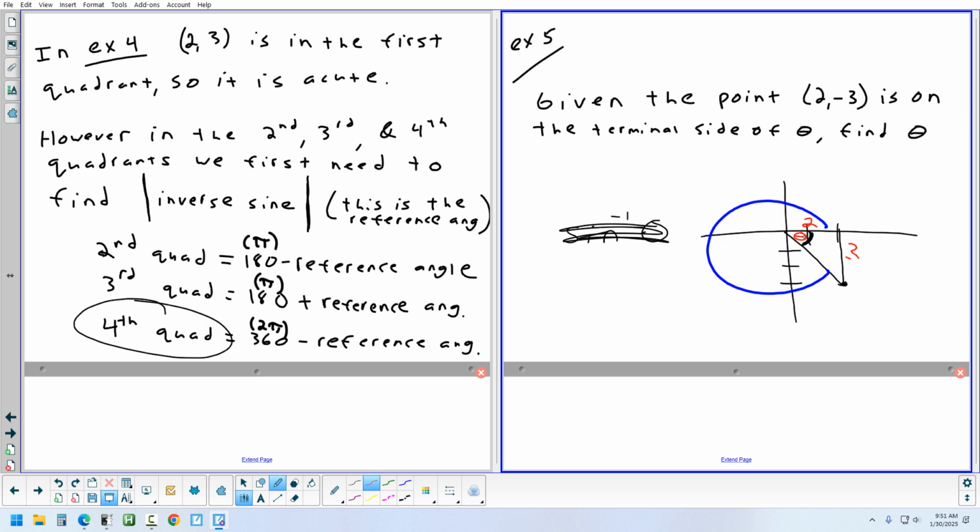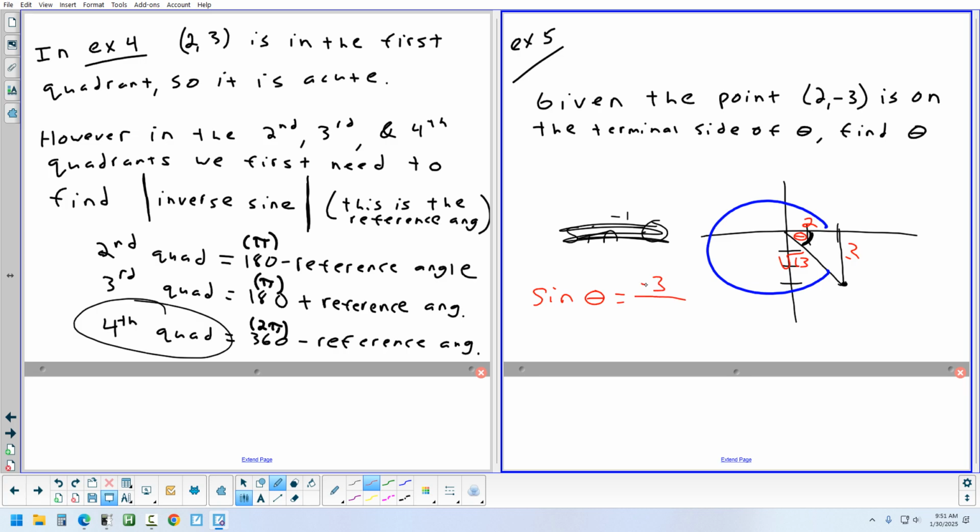All right. What side am I missing there to do that? Yeah, I'm missing the hypotenuse, but we already found it before. It was the square root of 13. So that's the first thing I do. If I'm missing any sides in my triangle, I figure them out using the Pythagorean theorem. Now, let's set it up using sine. Sine of theta equals opposite, which is 3.